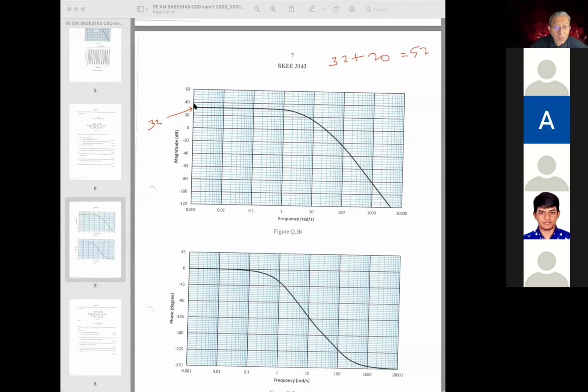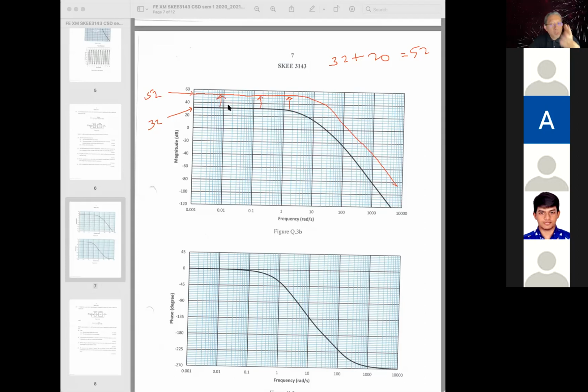So 52 is where? This is 40, 44, 48, 52 here. So you just shift up like this. Make sure the old one and the new one are about 20 decibels apart. Just draw like this.